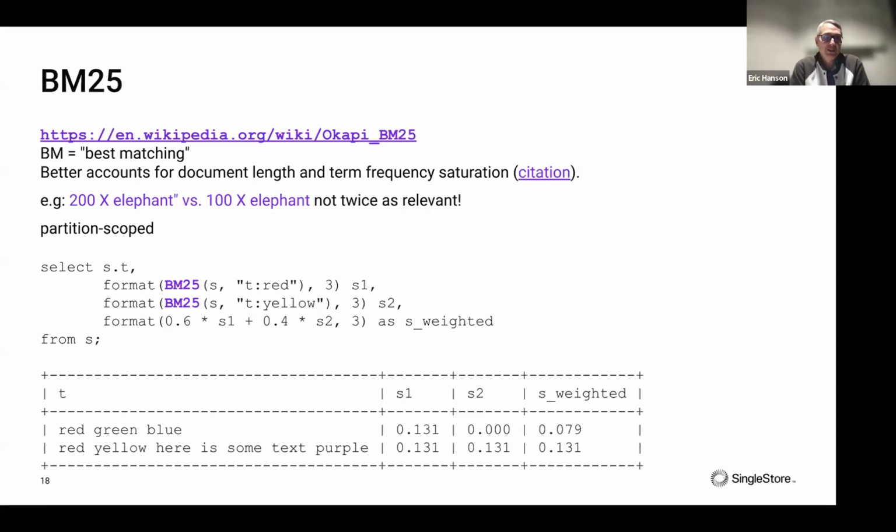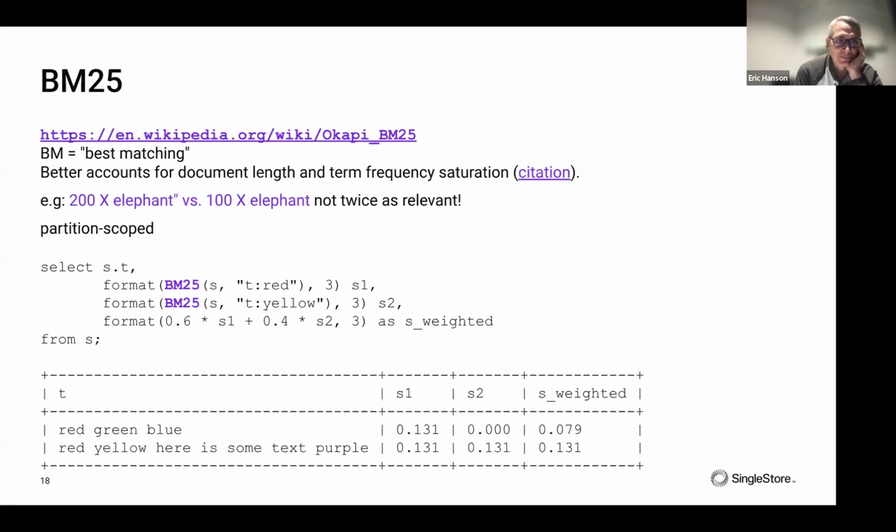Obviously, just because the first one has mentioned elephant 200 times, it's not twice as relevant as the one that mentions elephant 100 times. The mentions are so numerous that they're both obviously about elephants with high relevance.